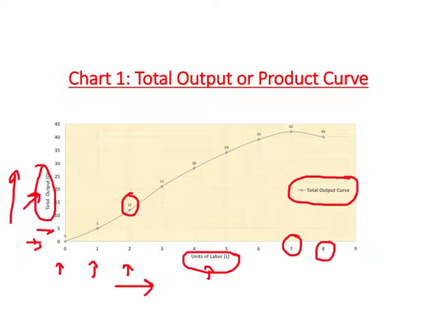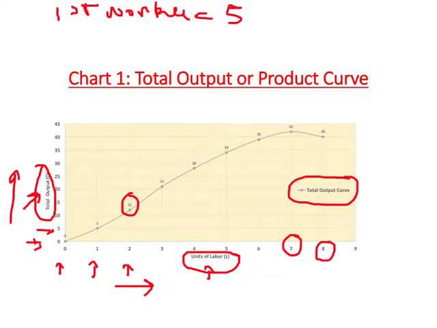Look at another thing. So this curve contains information about total output produced when we vary the number of workers. Now, based on this chart, we can also figure out how much output is produced by the first worker, and that is, let me write this down, first worker, it is 5 units of output.